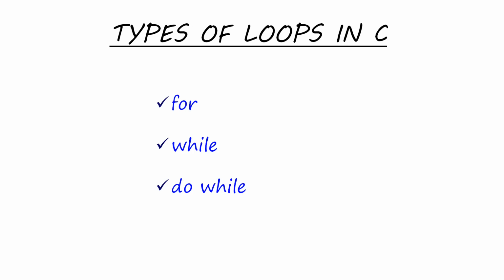Whenever I talk about loops, one thing comes to my mind: there may be a cycle, right? Something is happening again and again for finite or infinite times. For example, I want to print hello world for 10 times, or I want to print integers from 1 to 50.